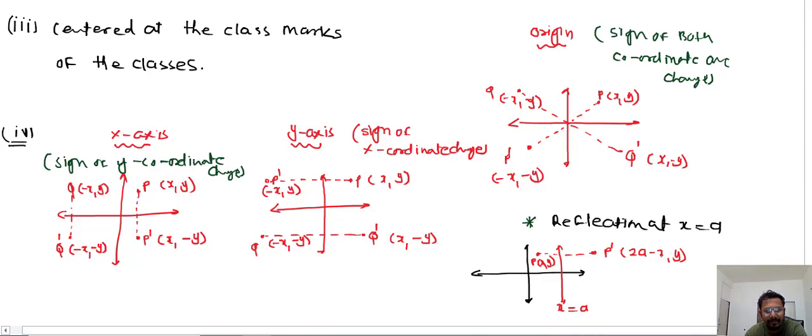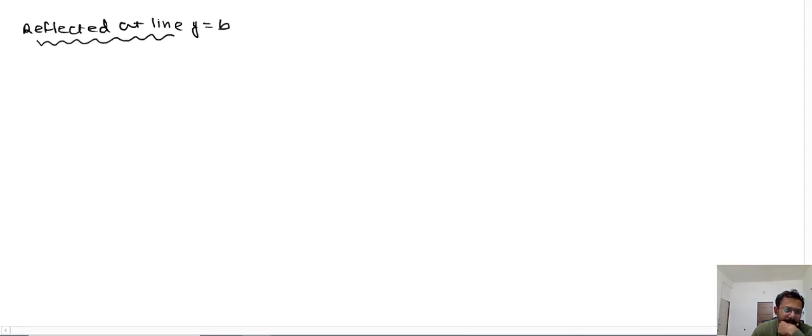Now keep one more thing in mind. If you reflect at line y equal to b, what happens with it? Suppose we have the xy coordinate plane with the x-axis and y-axis.